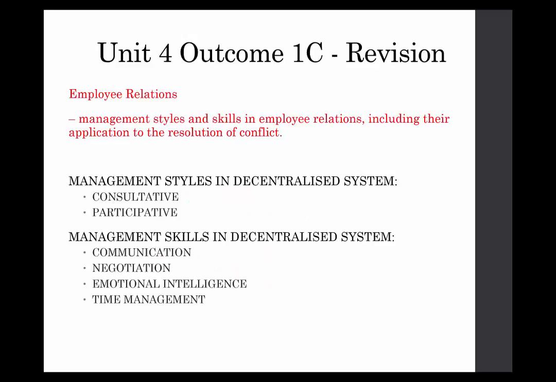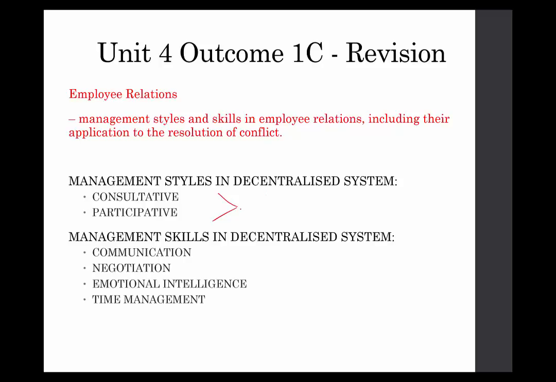All right, that takes us to our last dot point, which is management styles and skills in employee relations, including their application to the resolution of conflict. Okay, and of course this can be related back to the exam question we just looked at a little bit. But basically, if we're talking about management styles and decentralised system, we're talking about consultative and participative.